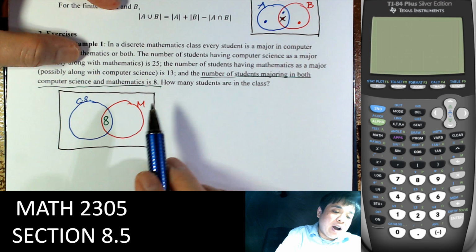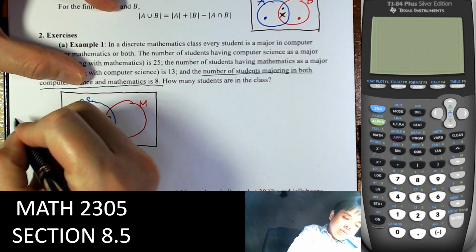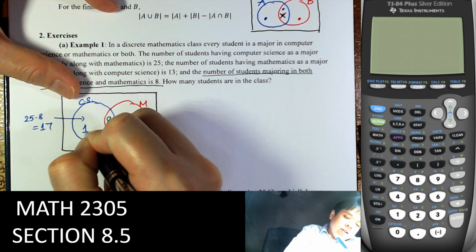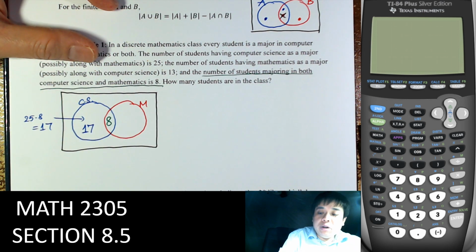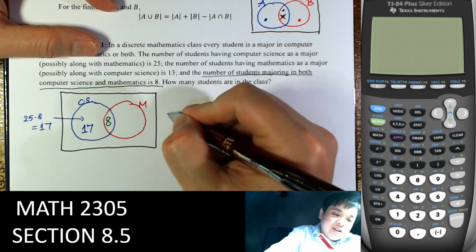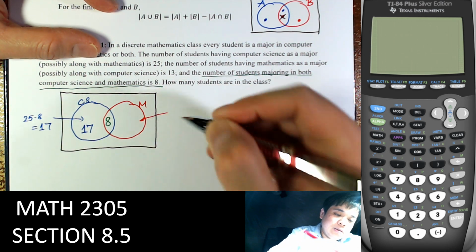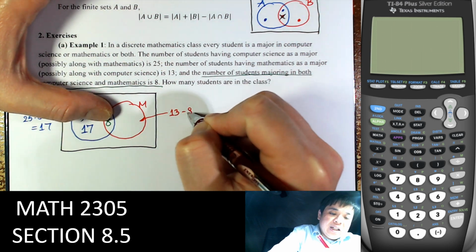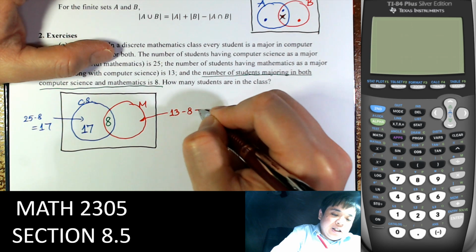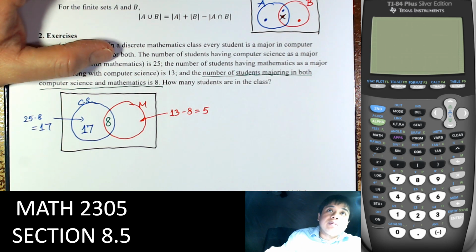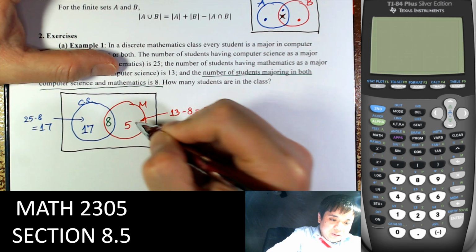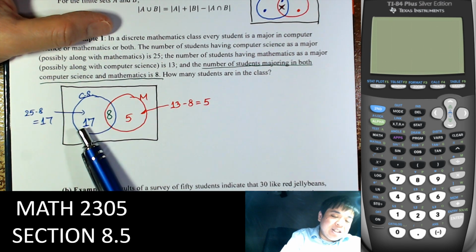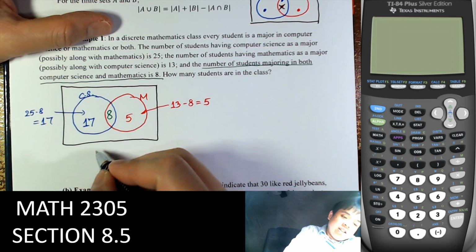So we have 25 minus 8, that is 17 in computer science. And in math, there are 13 minus the 8, that's overlap, it's going to be 5. Right, so if we count how many students in class, 17 plus 8 plus 5, so that's 30.